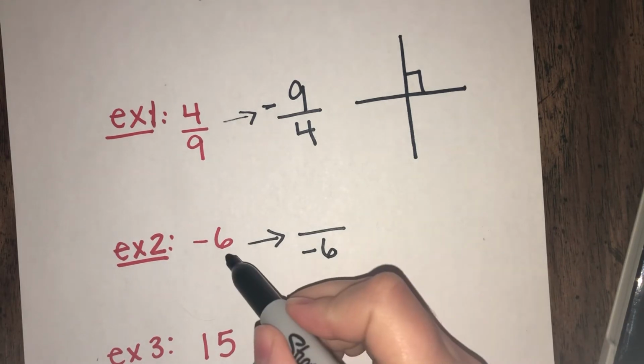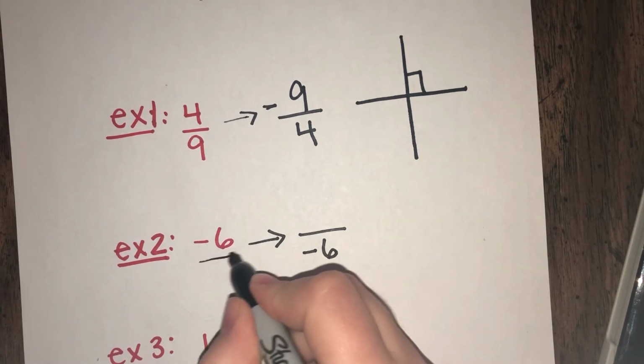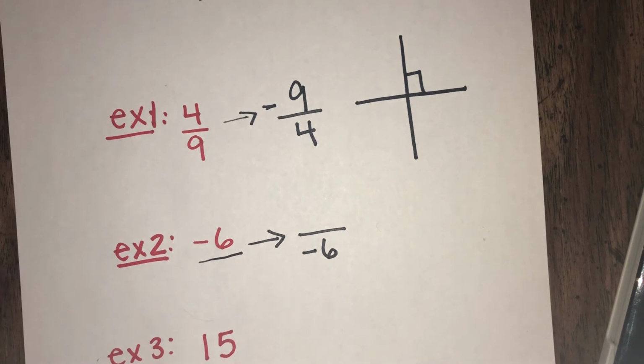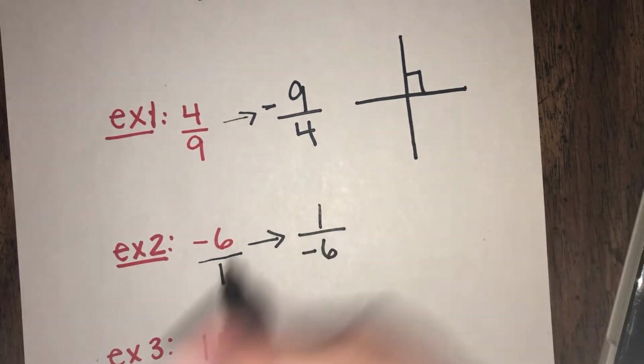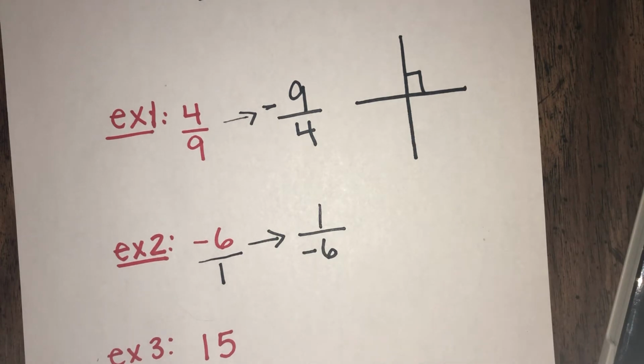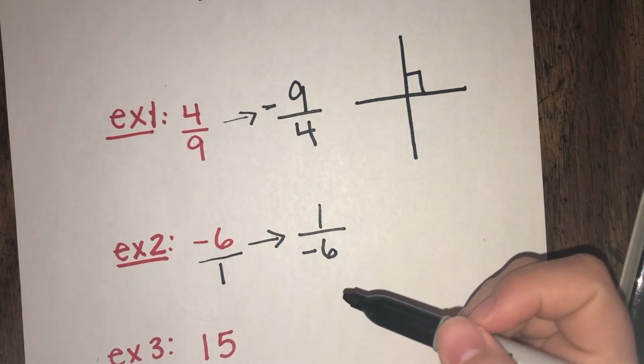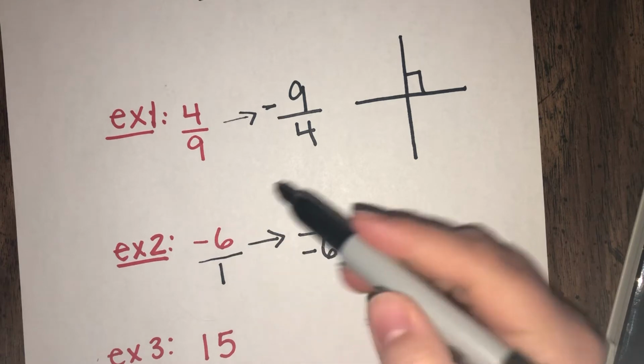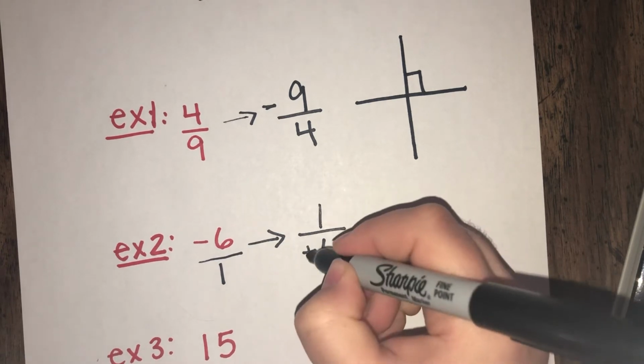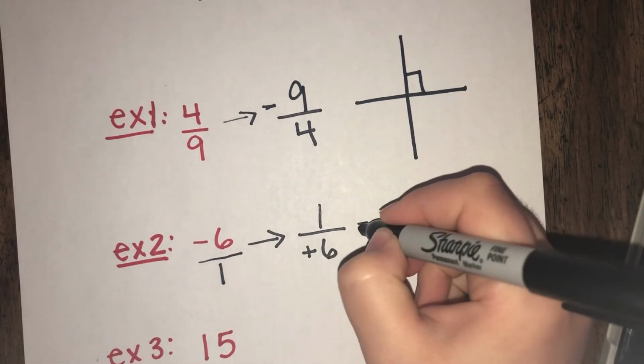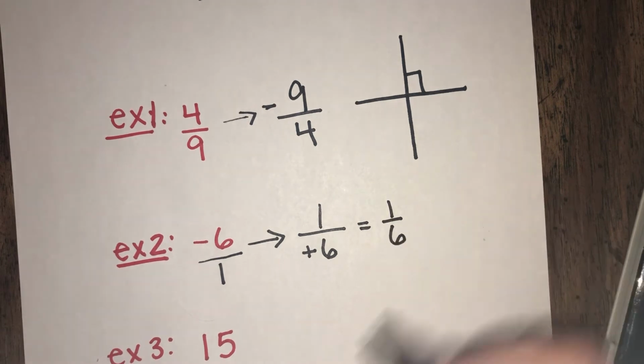But if you're looking at your number, it almost seems like there's nothing there, but we know that's not true. There's always an imaginary 1 that will end up going on top. Now, we have flipped it, we have to reverse it. If it's a negative here, we're going to make this into a positive there. So our actual negative reciprocal would be 1/6.